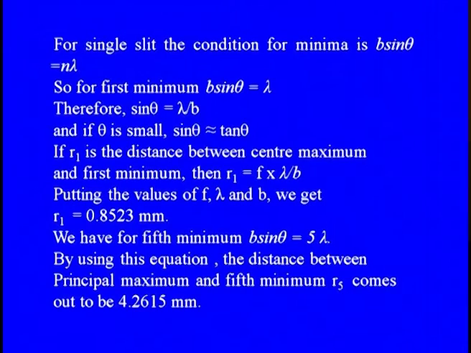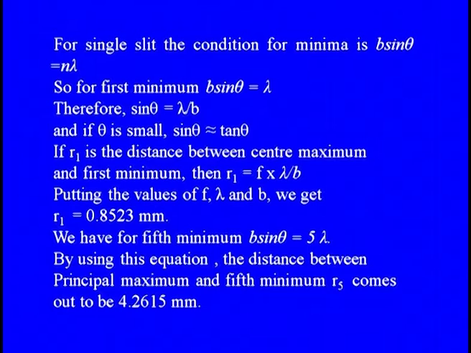For single slit, the condition for minima is b sin theta equal to n lambda. So, for first minimum, b sin theta will be equal to lambda. Therefore, sin theta will be equal to lambda upon b. Now, if theta is small, then sin theta will be nearly equal to tan theta.